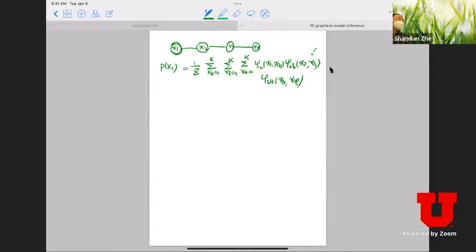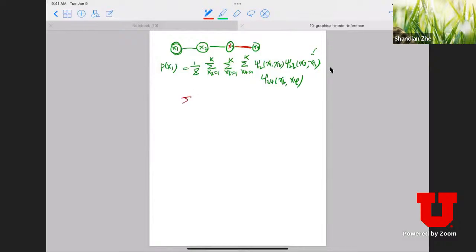The answer is yes, but right now we need to make the order from right to left. First of all, we look at the last potential function, which is defined on x3 and x4.